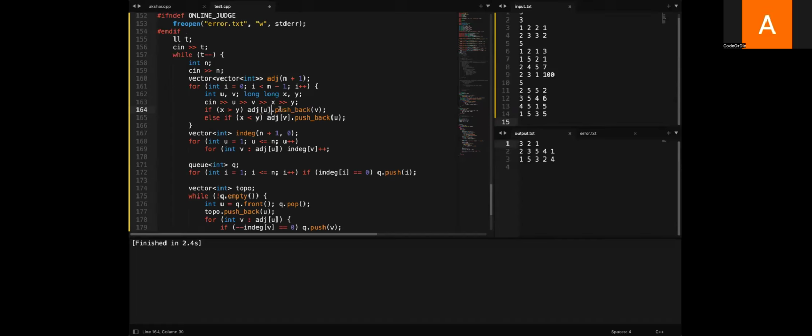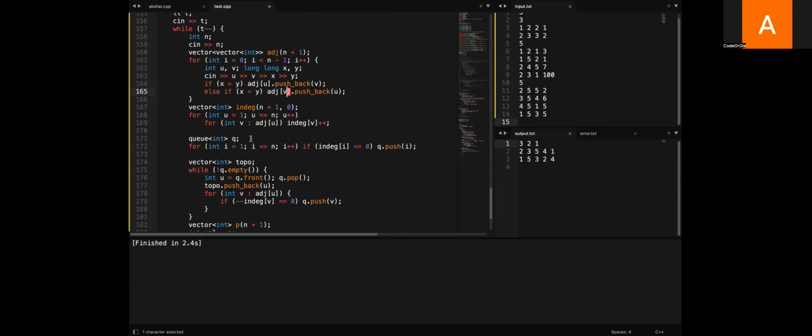Okay, so this is the directed graph, and if x is less than y, then you will push u to v. Okay, now I will check how many, so initially, how many nodes are there which have in degree equal to 0.